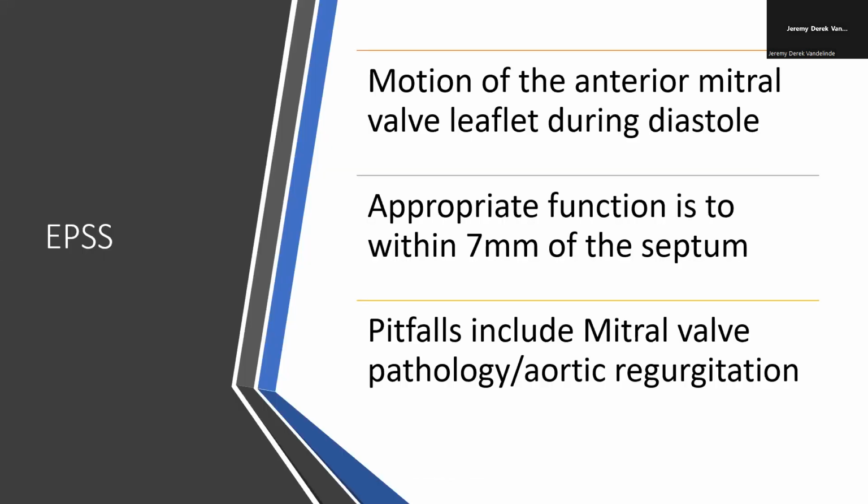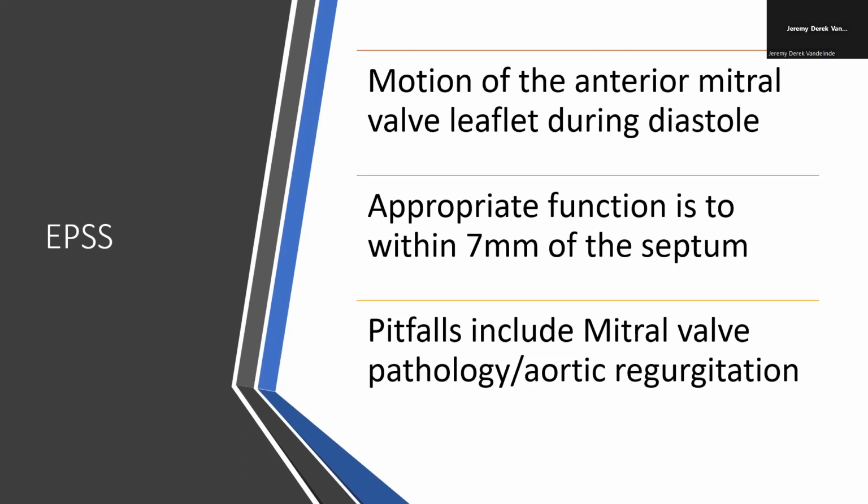The next marker that I'll touch on is the EPSS, the E-point septal separation. That's the motion of the anterior mitral valve leaflet during diastole. What you want to see is that anterior mitral valve leaflet get close to the RV septum. You can put numbers on it, right?